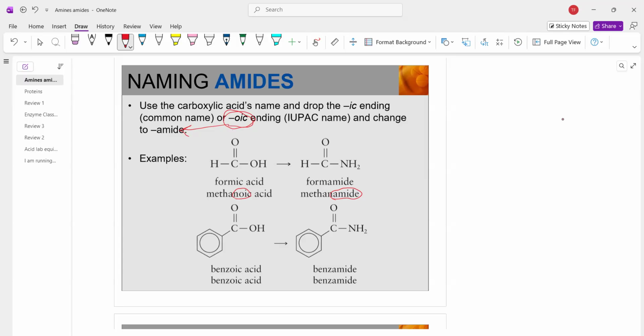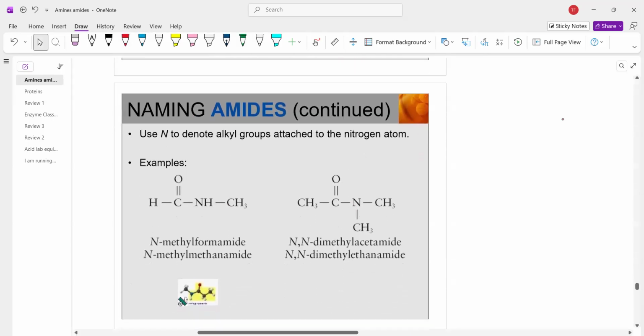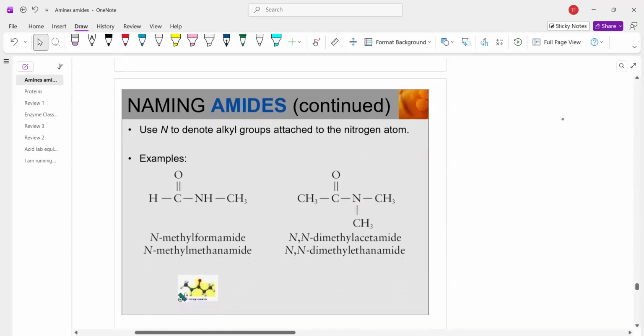Yeah, this is the same thing. Never mind. Now, this assumes this compound here is a very simple one, hydrogens only here. If we had methyl groups or whatever, we'd have to have an N designation under the name. Like these guys.